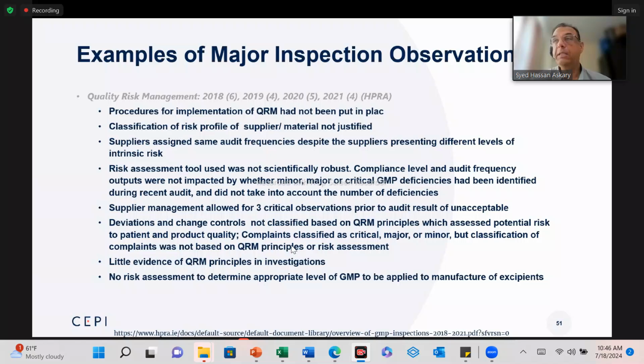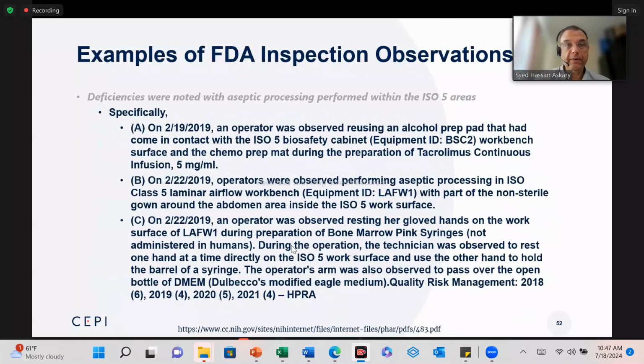Some of these things are basically what companies do in routine without sometimes applying logic behind it, right? If you have different levels of risk, then you have to have different audit frequencies, for example. And also how the risk assessment tool is built. Supplier management allowed for 3 critical observations prior to audit results. So you get the idea, right?